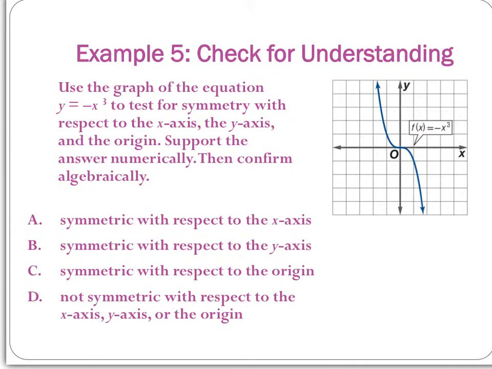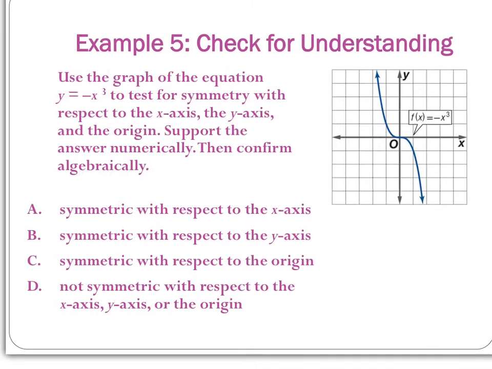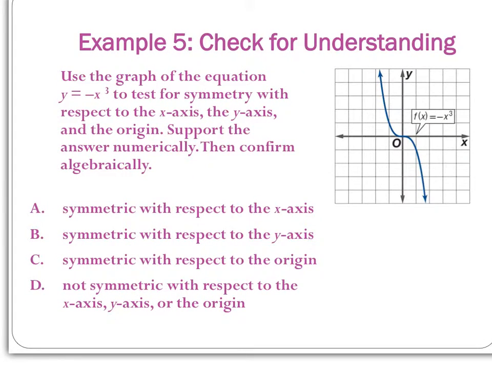In Example 5, Check for Understanding, we're going to use the graph of the equation y equals -x cubed to test for symmetry with respect to the x-axis, the y-axis, and the origin, and support the answer numerically. Then confirm algebraically. So we have 4 choices here. We're given the function f of x equals -x cubed.